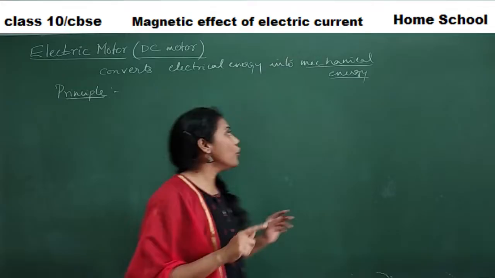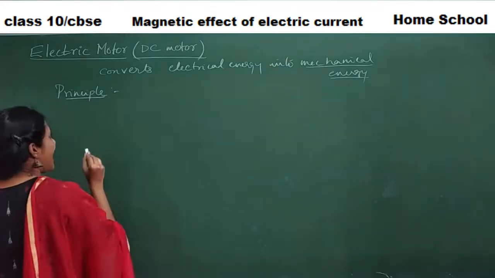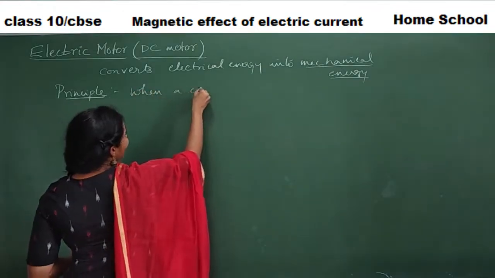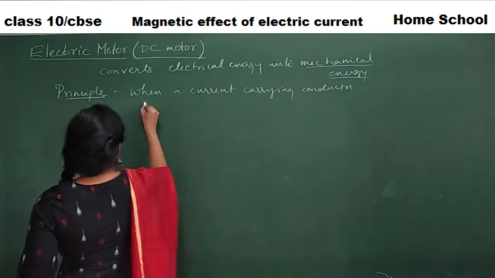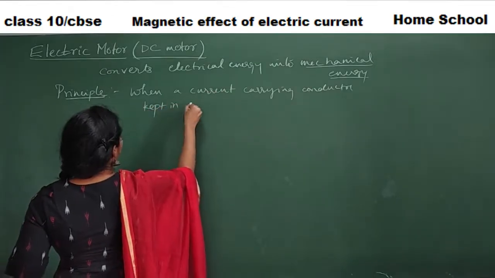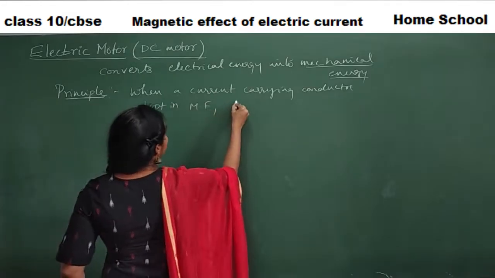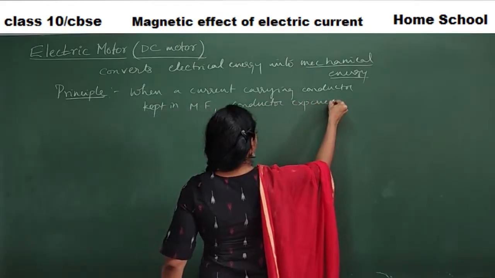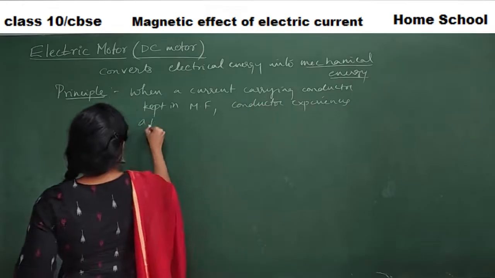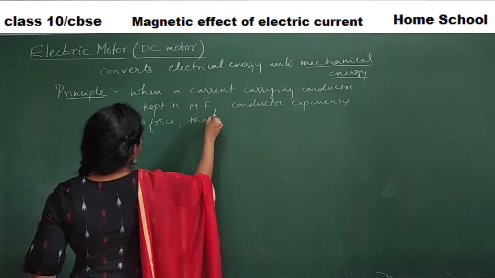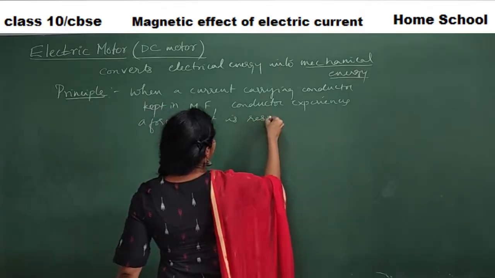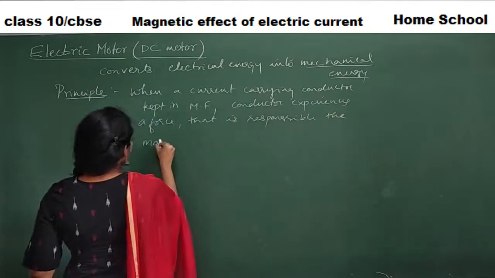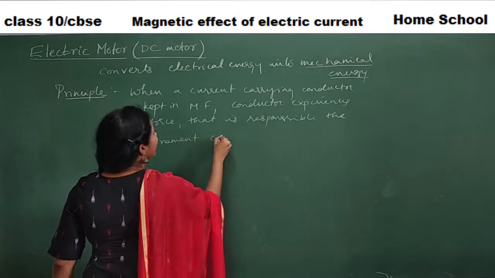This is the principle we will use to construct our DC motor. Clear, everybody? So what will you write if the principle is asked? It's very simple. When a current carrying conductor is kept in a magnetic field, the conductor experiences a force, and that is responsible for the movement of the current carrying conductor.